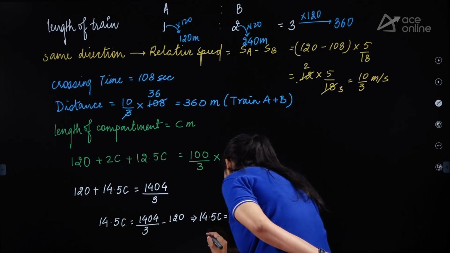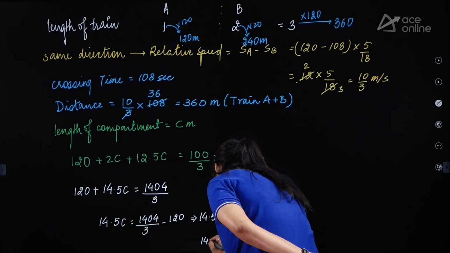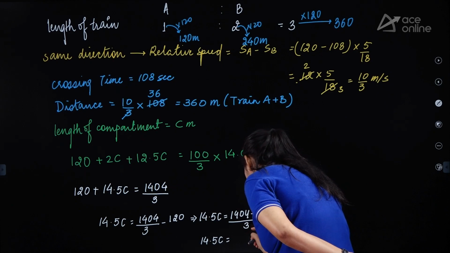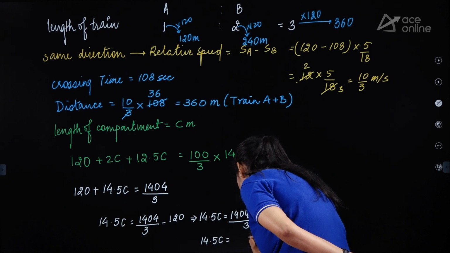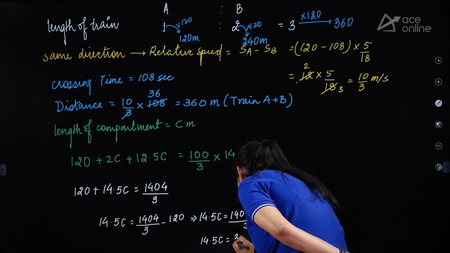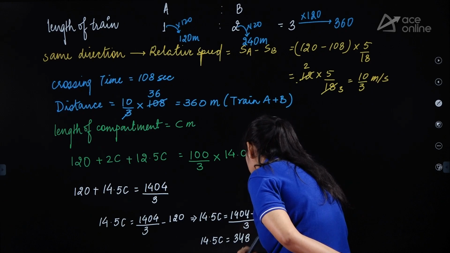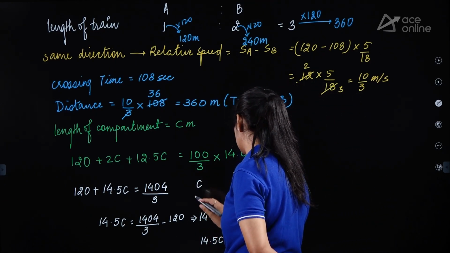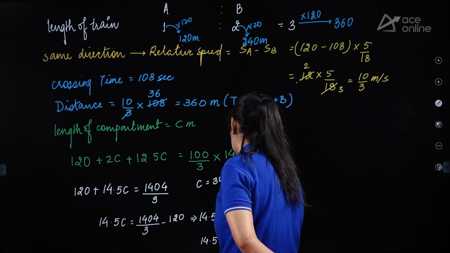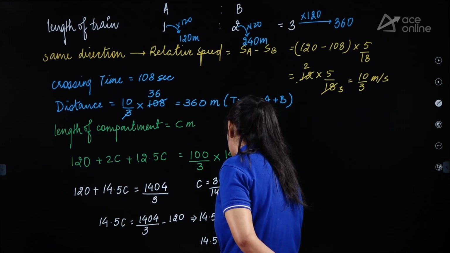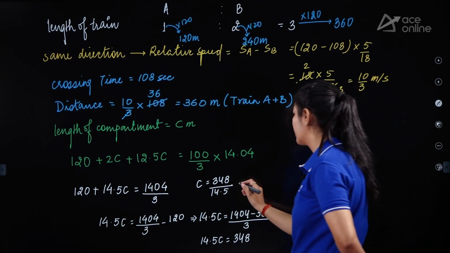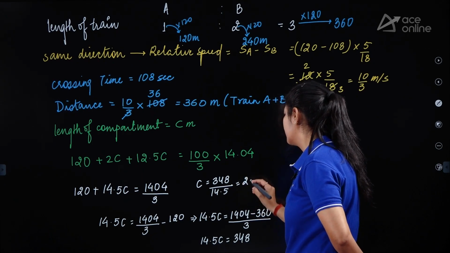And from this we are getting 14.5 C equals 348. So from this we will get the value of C as 348 divided by 14.5, which is 24.